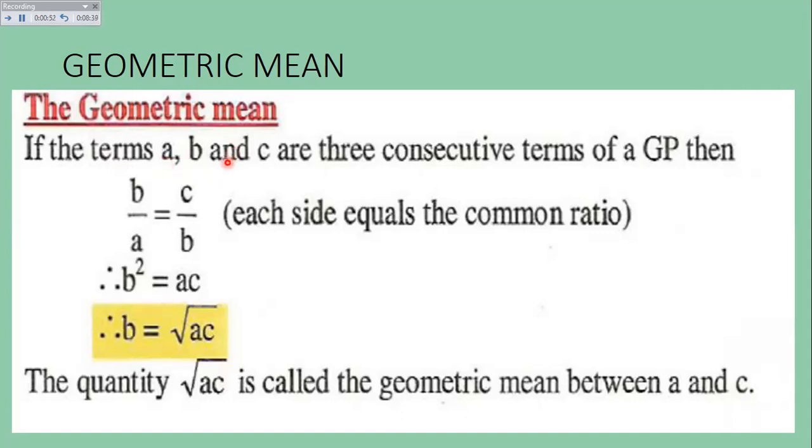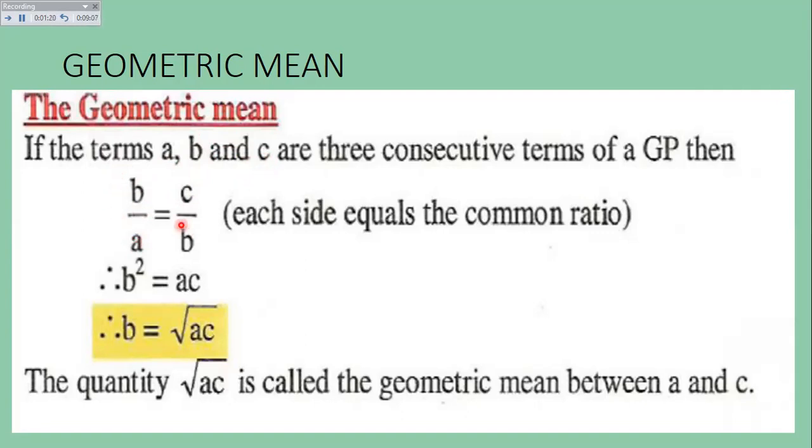If we find the common ratio between B and C, R is going to be C divided by B. So this one represents the common ratio between A and B, and this one represents the common ratio between B and C. I hope that is understood.